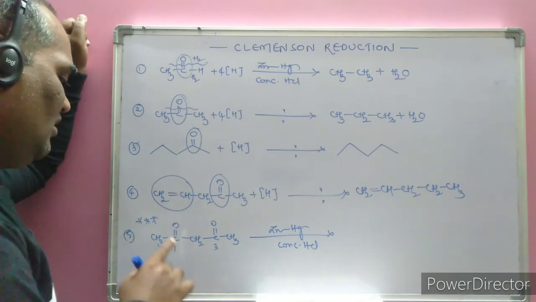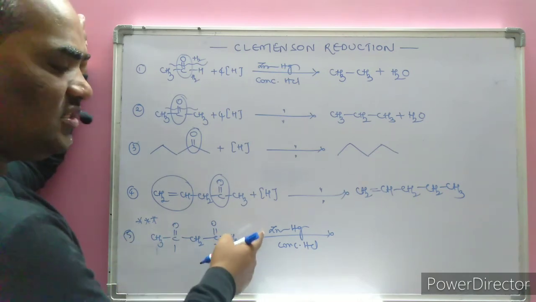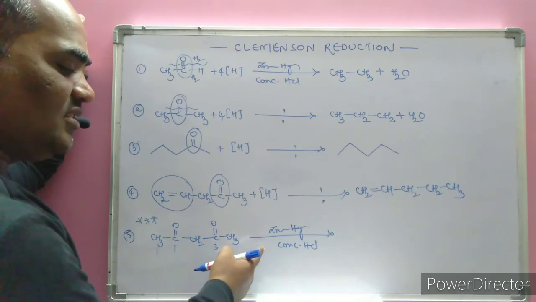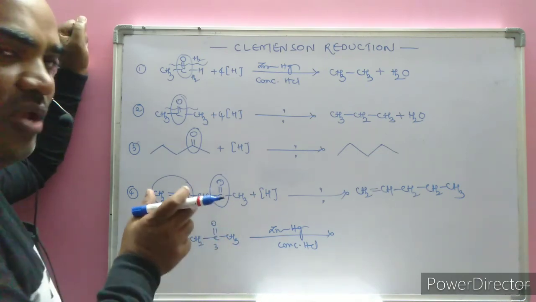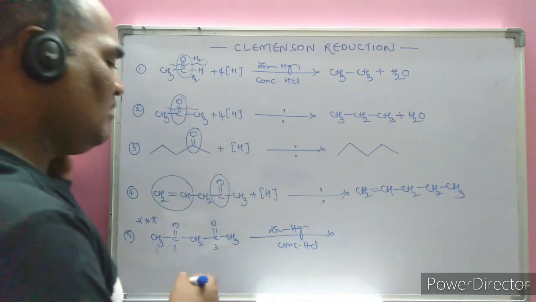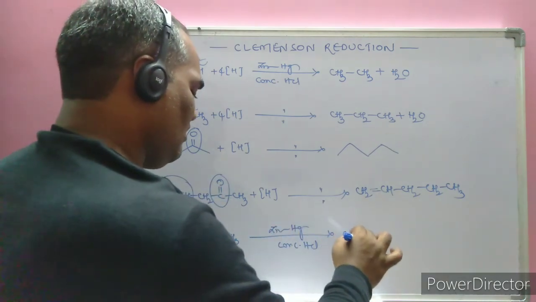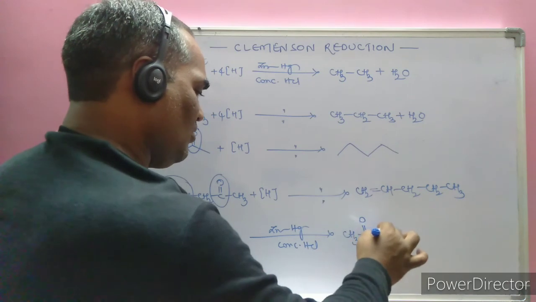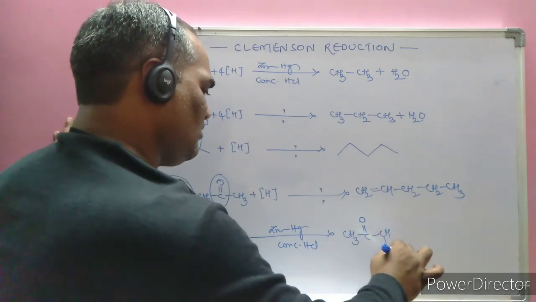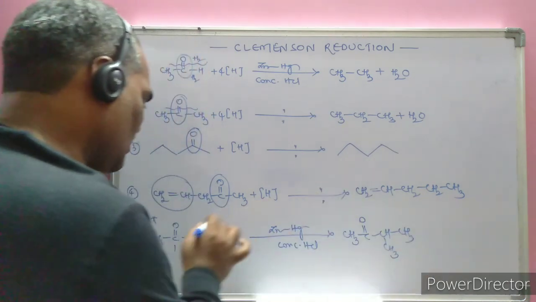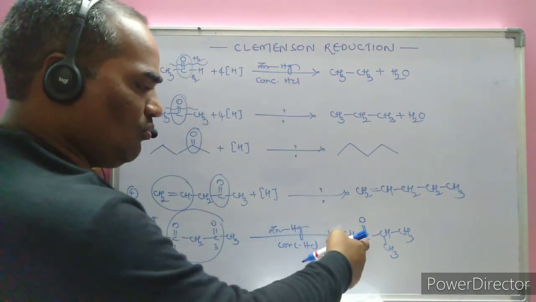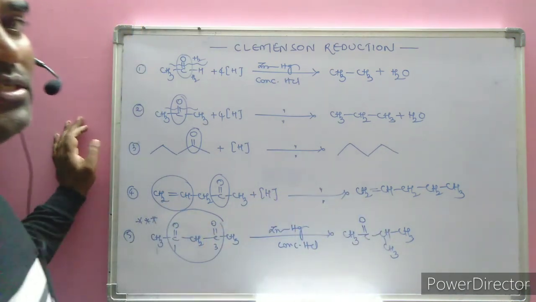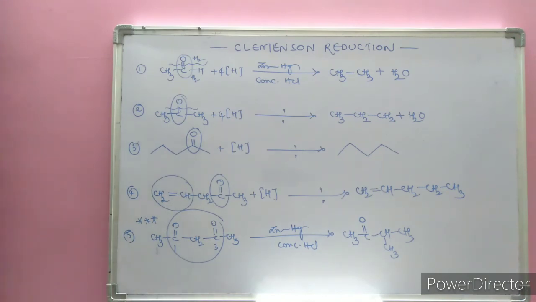When a 1,3-diketone is reduced in the presence of the Clemmensen reducing agent, it forms only a monoketone under rearrangement. Here CH3, C=O, CH, CH3 and CH3. The 1,3-diketone is converted into a monoketone and undergoes rearrangement.